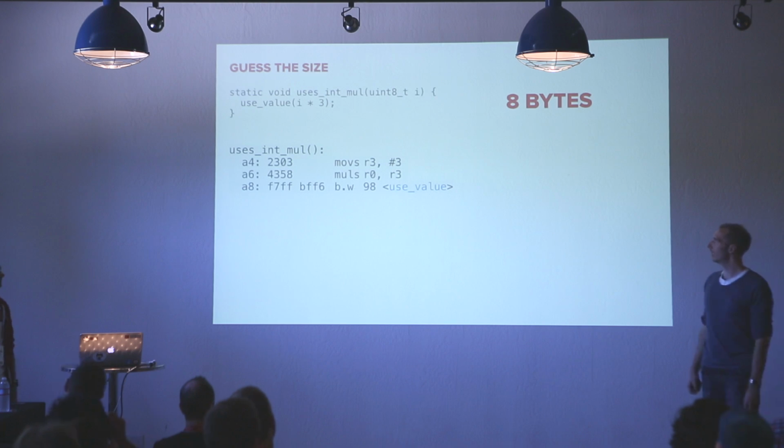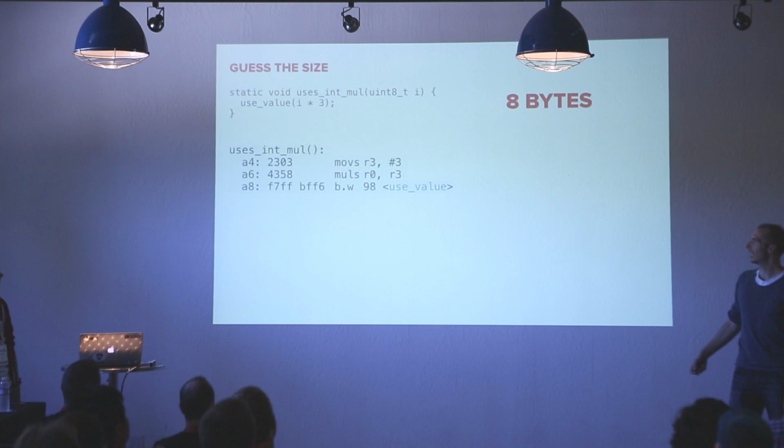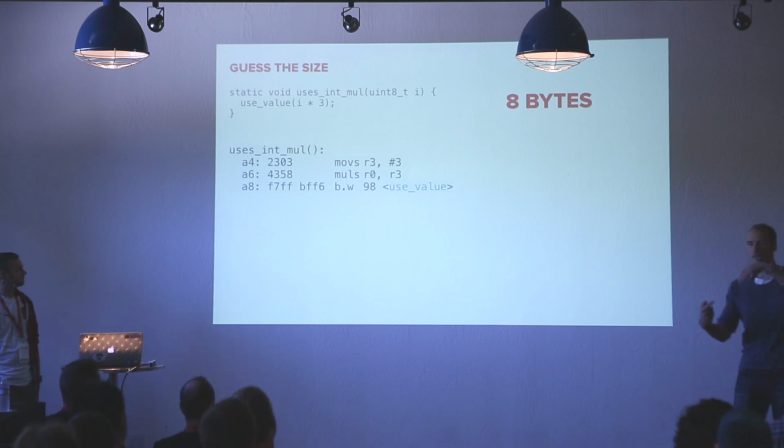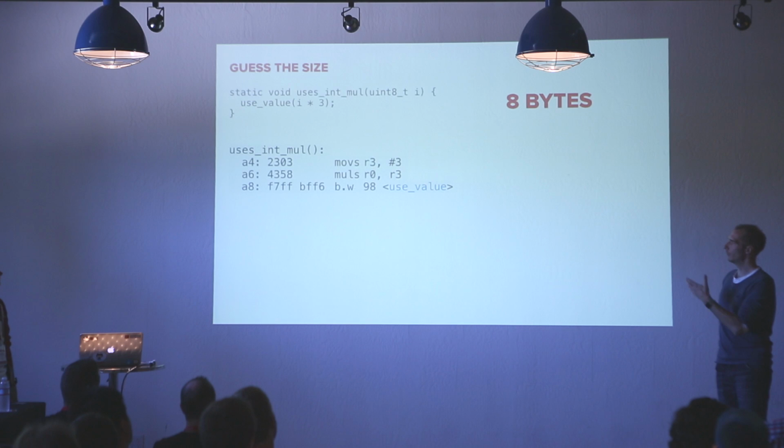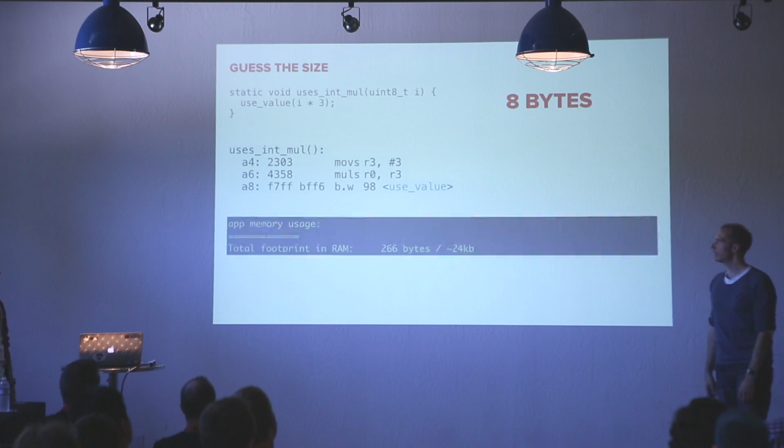Now we have our new value in R0, and we branch to use_value, the actual function call, without storing in the link register the address to jump back to, since whenever use_value is done, it will just jump back to where we should jump back to. That way, we only need 8 bytes of memory.